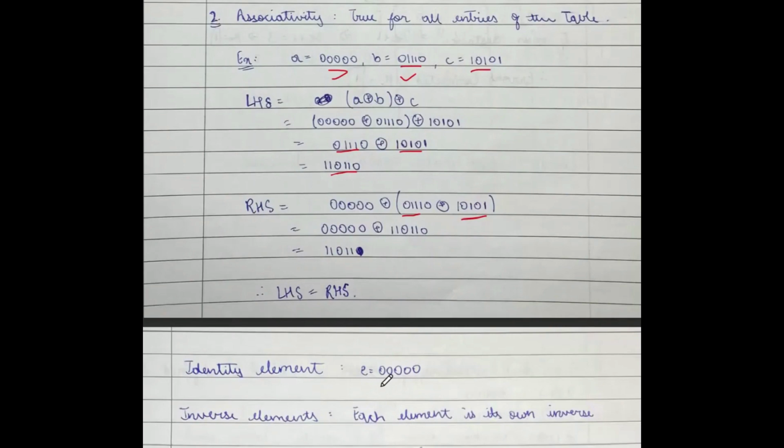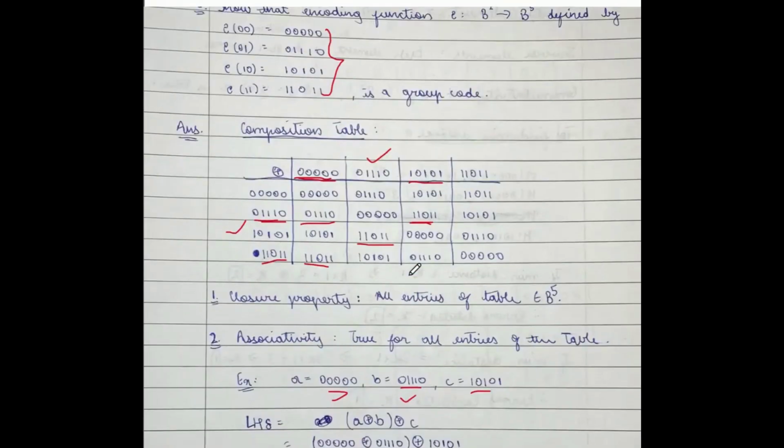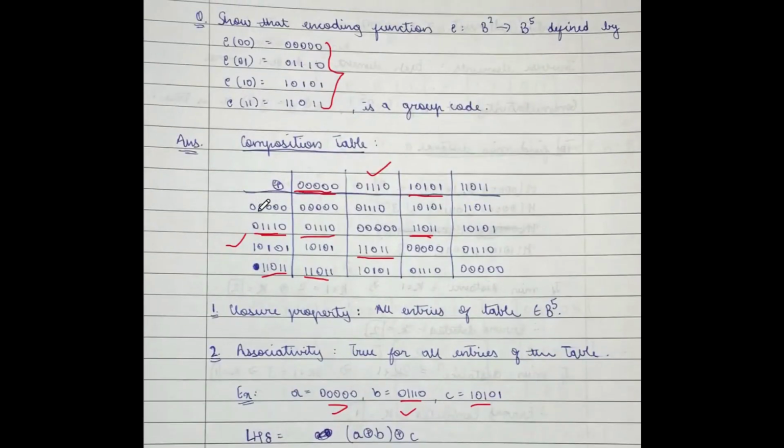Now, the identity element is this because we can see that this under binary addition with any other element gives us the element itself. Therefore, that is the identity element. Now, if you pay attention, the binary addition of any number with itself gives us the identity element, which is 5 zeros.